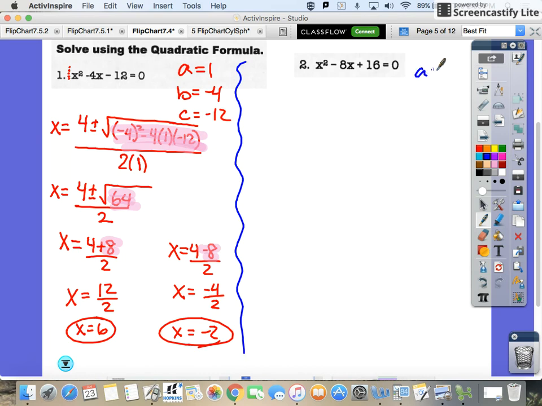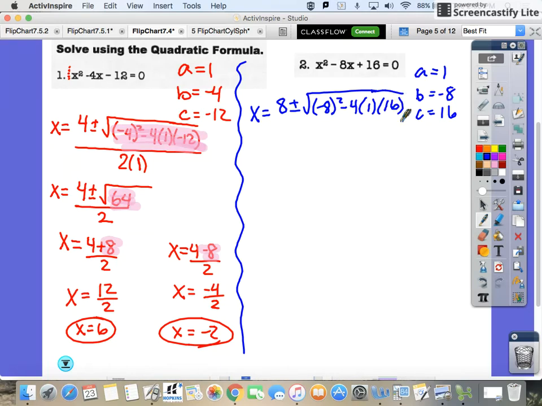So here we've got a, b, c. x is equal to -b plus or minus the square root of b squared minus 4ac, all over 2a. So -8 squared is 64.